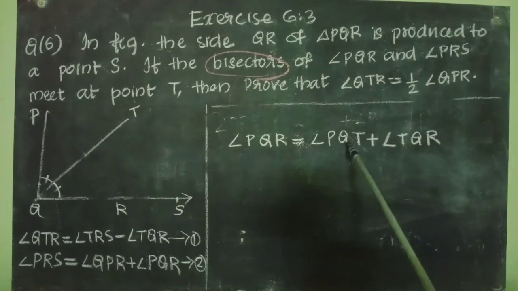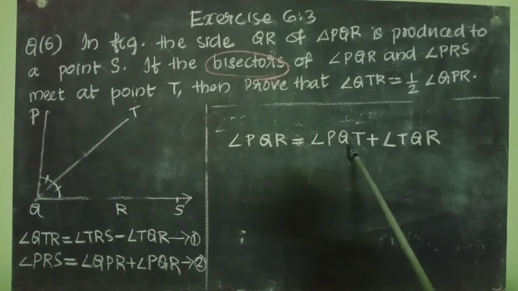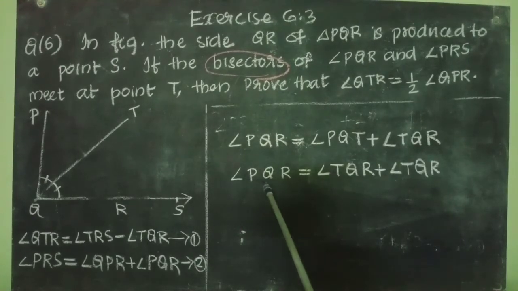Now angle PQT and angle TQR are both equal, so I replace PQT by TQR. We can write angle PQR equals angle TQR plus angle TQR.